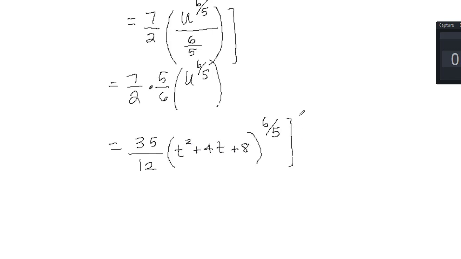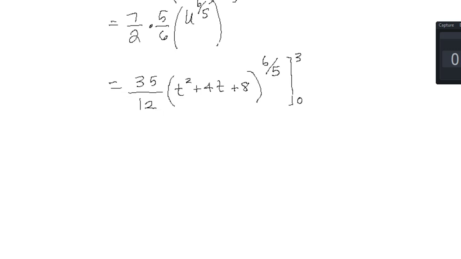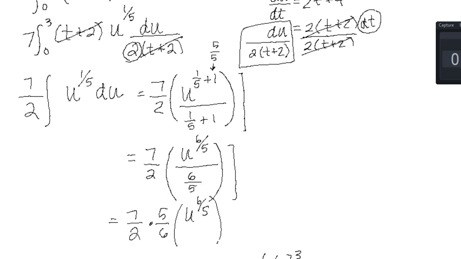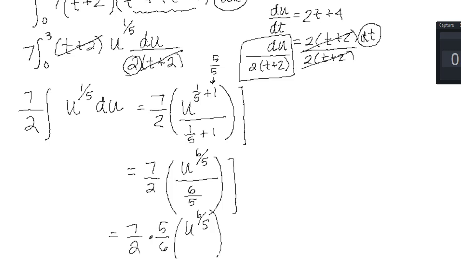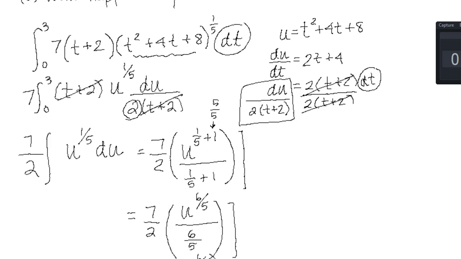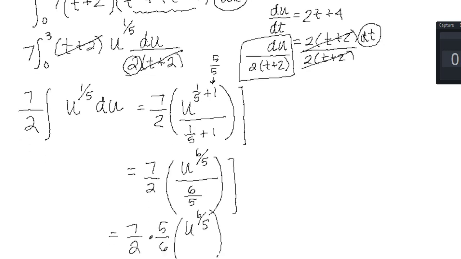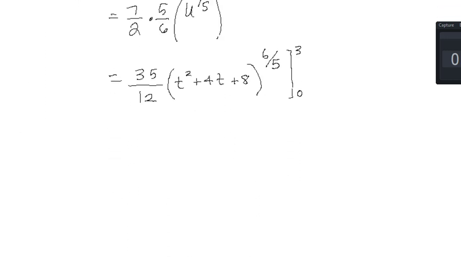Now I can write that I'm supposed to evaluate it from 0 to 3. Don't substitute them in until you get the expression in terms of t. There are some methods where you change these t values over to u values, and then you can sub them in, but I would just wait until the very end and sub those in.